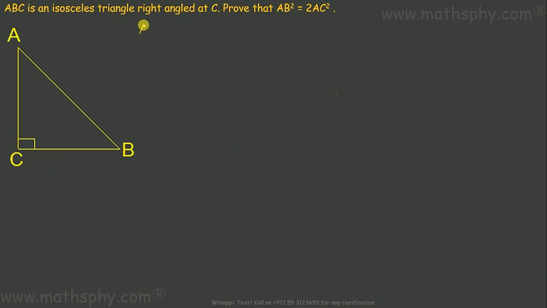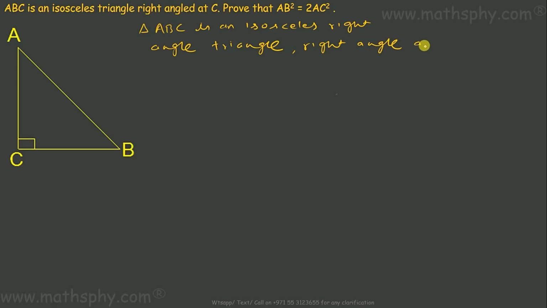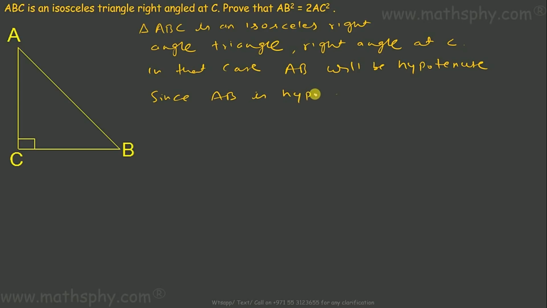I'll write here triangle ABC is an isosceles right angle triangle. Right angle at C. In that case, AB will be hypotenuse. Since AB is hypotenuse, AB would be longest side.